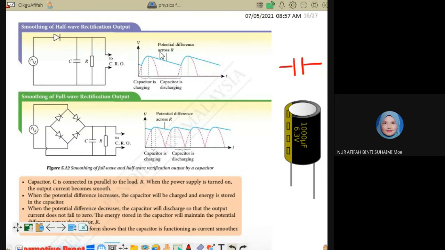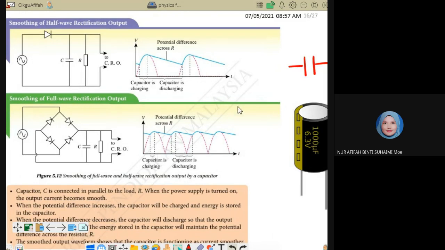So if you can see the graph here, okay, so tengok graph tu. Okay, when the current increase or voltage increase, the capacitor will store. Dia akan store. So dekat sini, the capacitor is charging. Okay. Once the voltage increase or potential difference increase, the capacitor is charging.